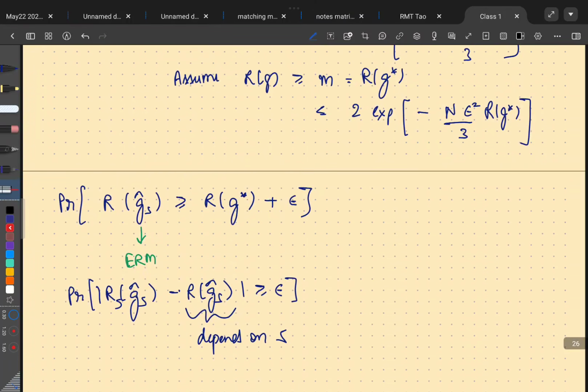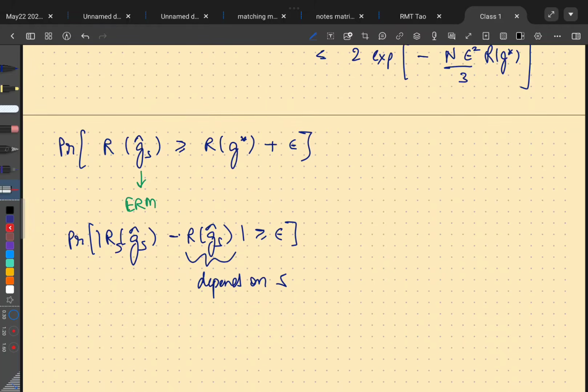So you have to be very careful in using your Chernoff bounds. The Chernoff bound assumes that you have Bernoulli random variables and that the Bernoulli parameter is deterministic, that does not depend on the random samples. Whereas here, it explicitly depends on the random samples.